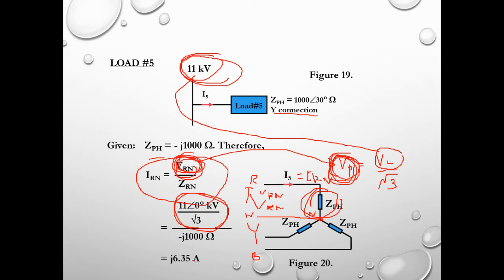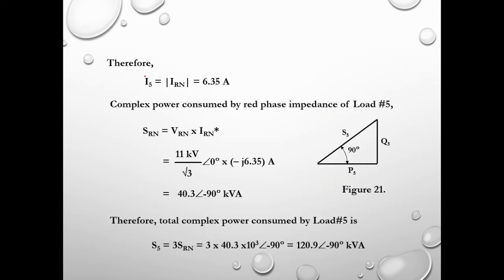So we simply get the value of j 6.35 ampere. Once you convert to polar, we can get the value of I5, which is 6.35 ampere. Take the positive value, the modulus, the actual magnitude, which is 6.35 ampere.